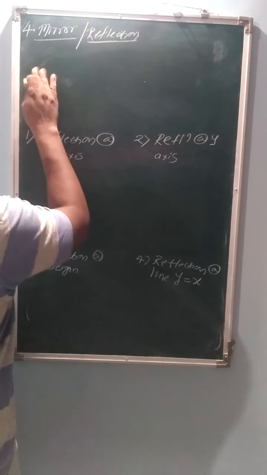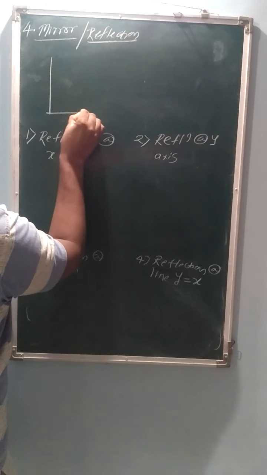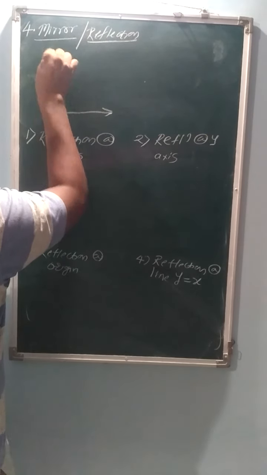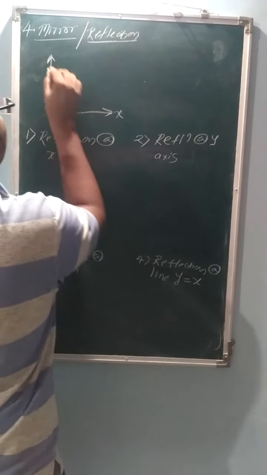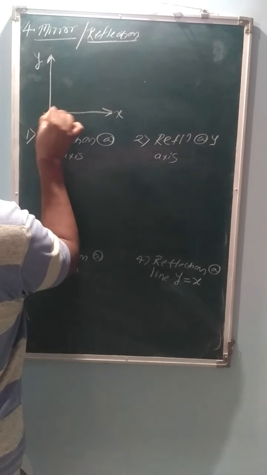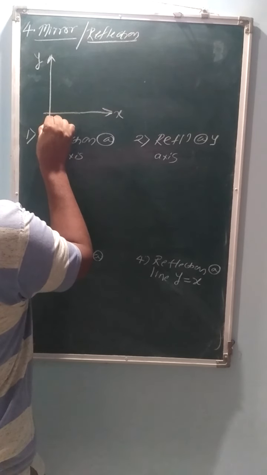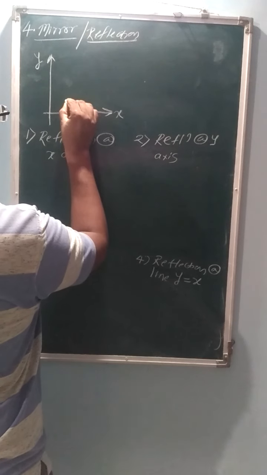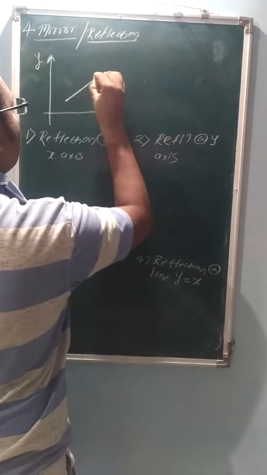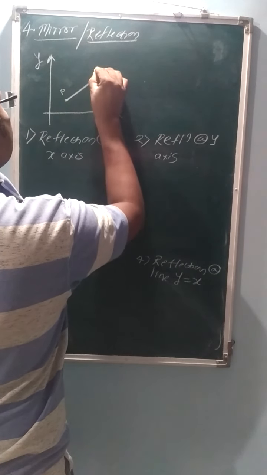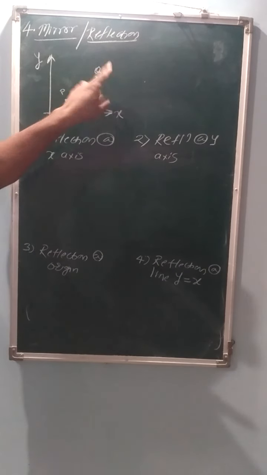So first case we will see is, let us draw coordinate axis. So this is x-axis, y-axis. We'll consider a geometric entity, suppose a line PQ having coordinates x1, y1 and x2, y2.